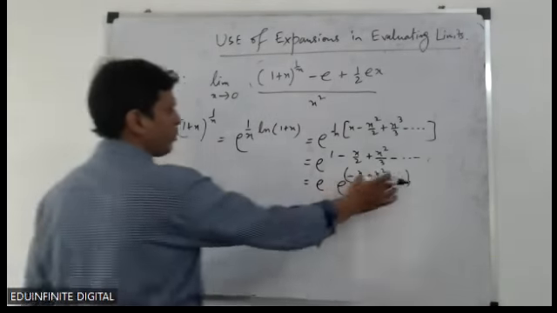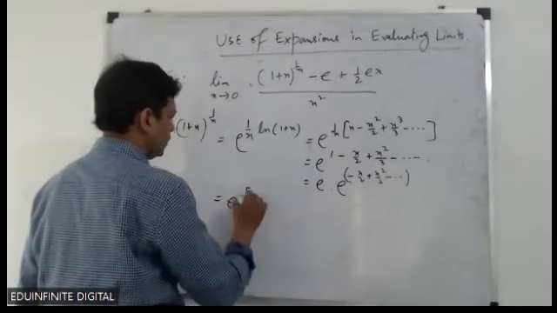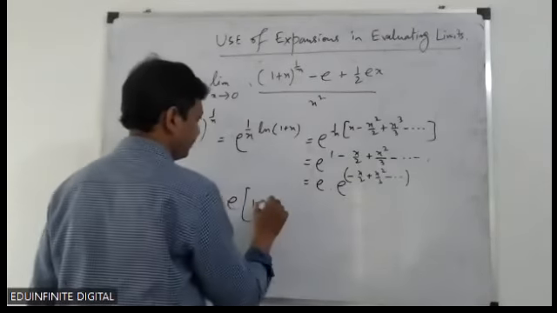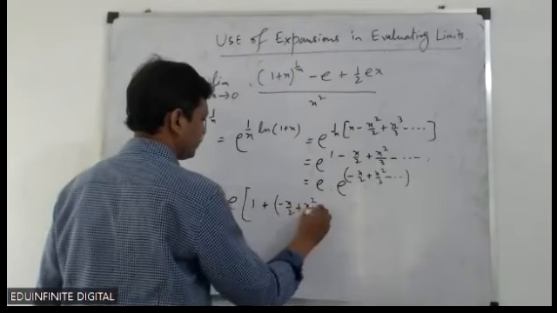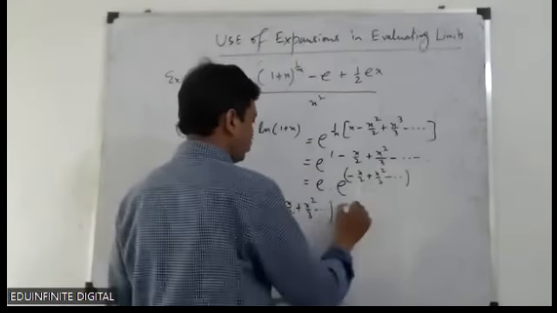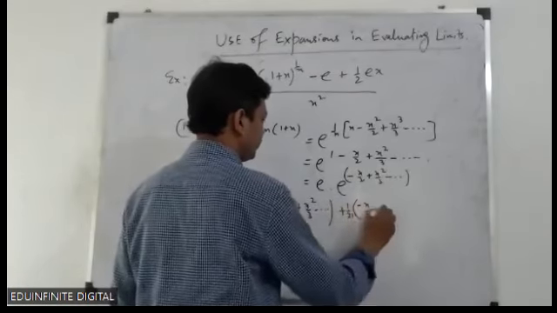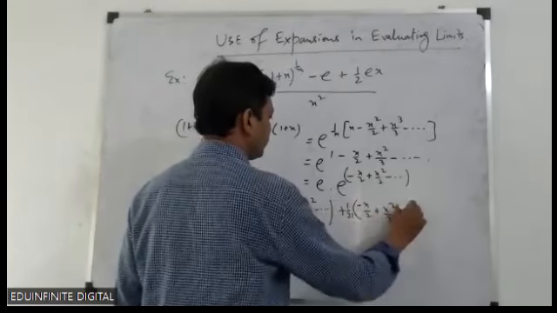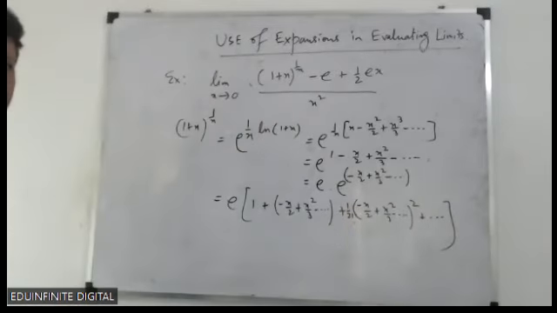And this is the expansion of e to the power x. What is the exponential? 1 plus x plus x square by factorial 2 plus etc. Am I clear?